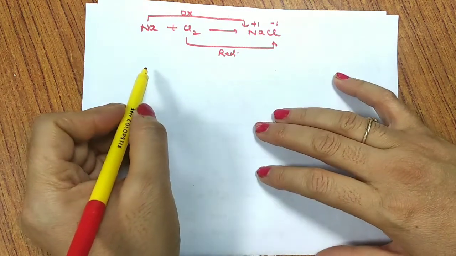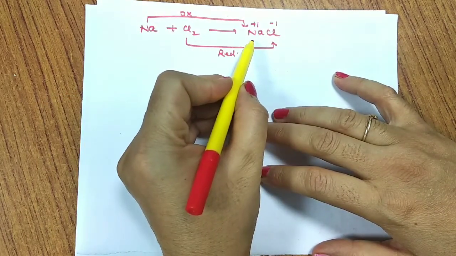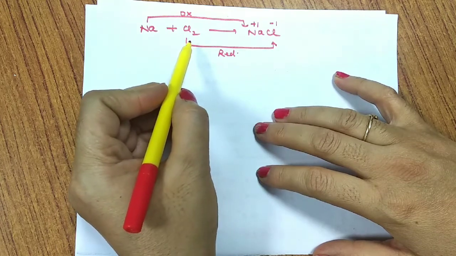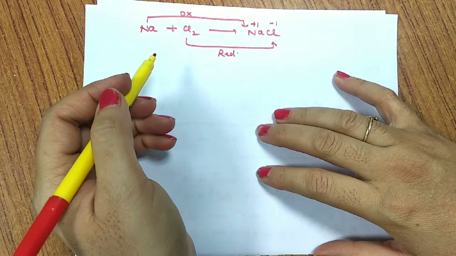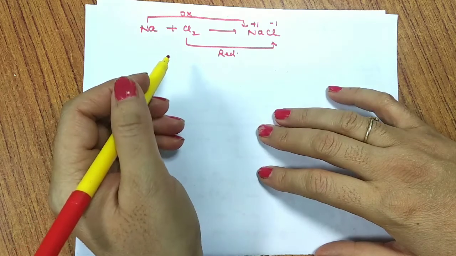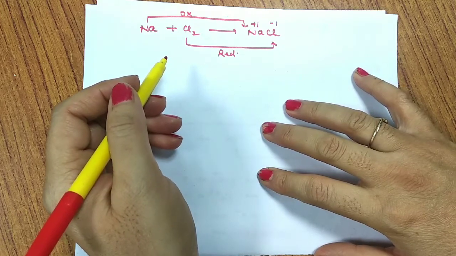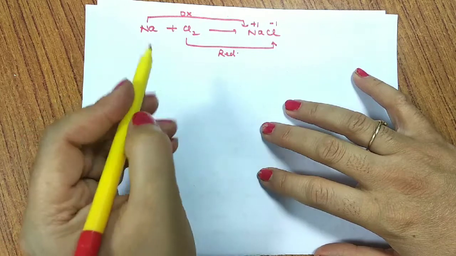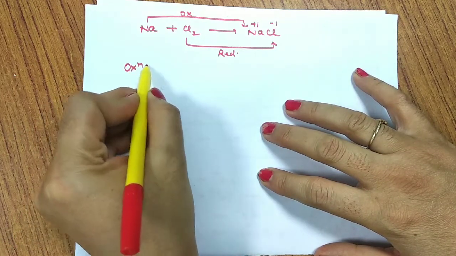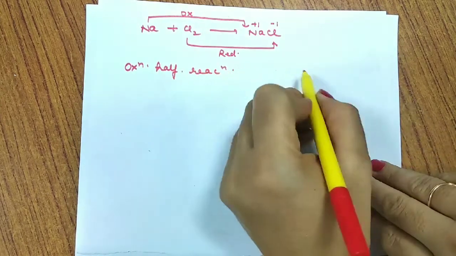If I consider only oxidation in this case, sodium changes into Na plus, and if I consider only reduction, chlorine changes into Cl minus. This is how oxidation and reduction take place. We call these reactions half reactions. Every single redox reaction consists of two reactions: one is the oxidation half reaction and the other is the reduction half reaction.